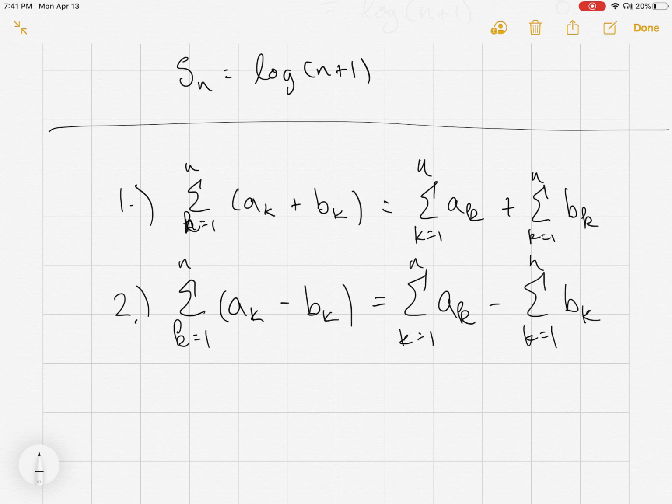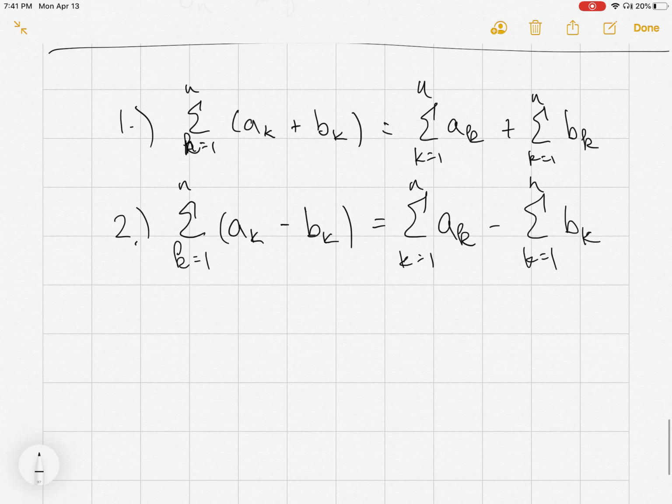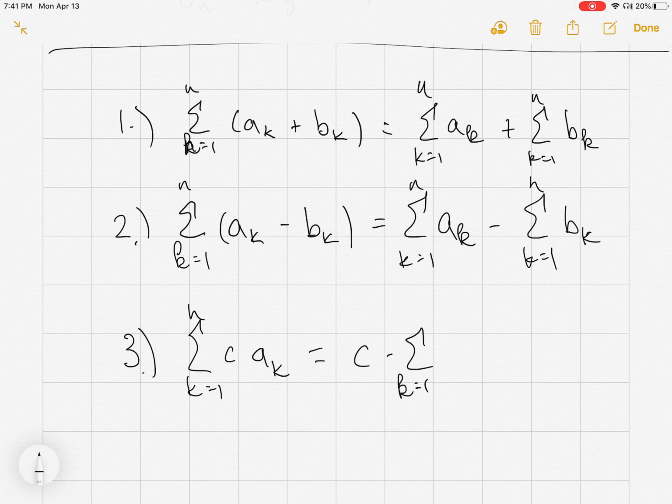And finally, our last rule, if we have a summation from k equals 1 to n of some constant c times, we'll say a sub k, that's just going to be equal to c times the summation from k equals 1 to n of our a sub k's, right?